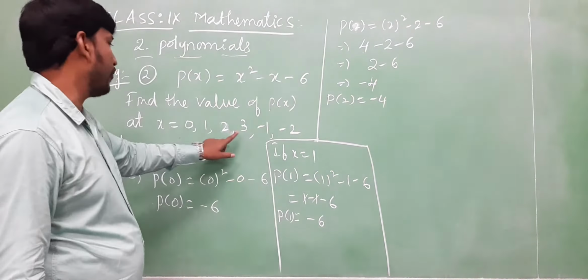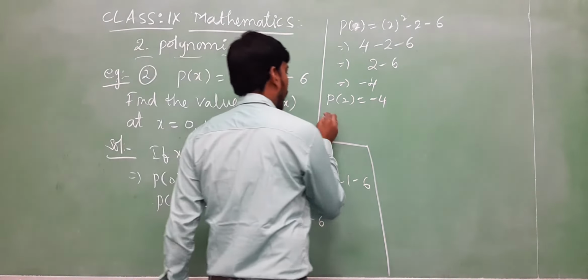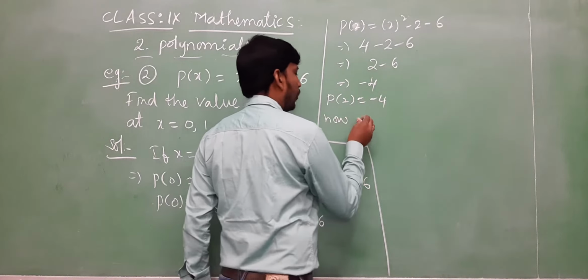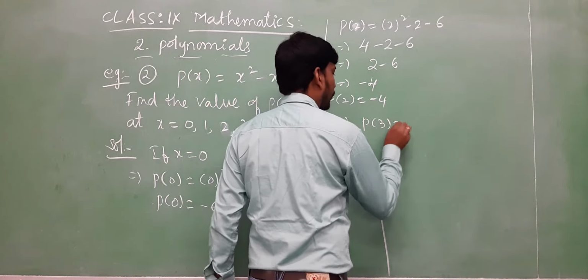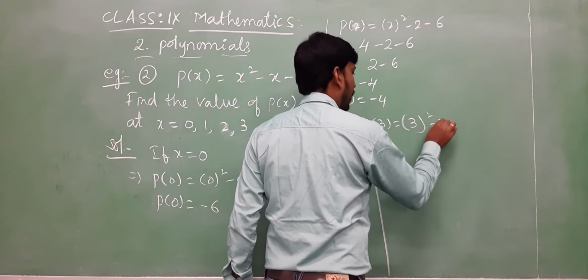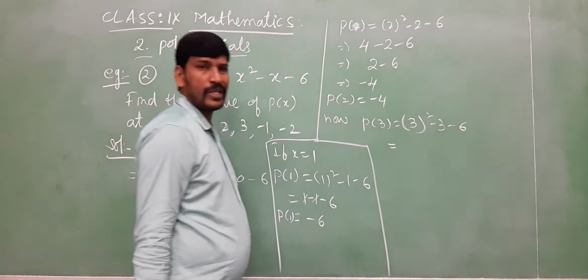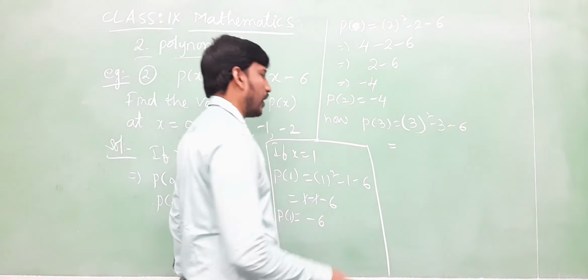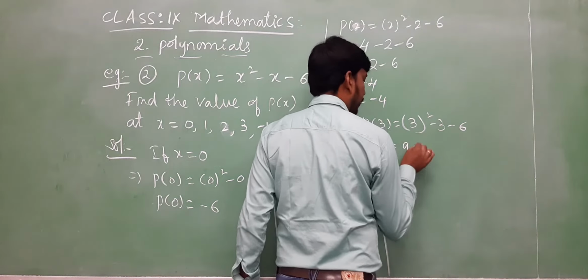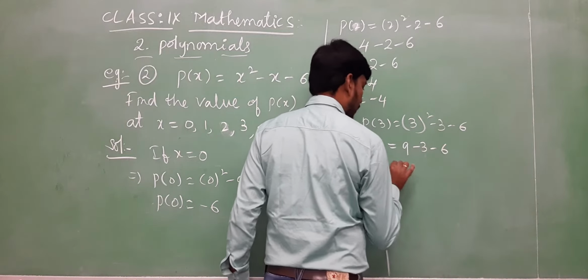The same way we are going to find out p(3) also. Okay. Now p(3) is equal to 3 squared minus 3 minus 6. Children, 3 squared, 3 into 3, 3 threes are 9, minus 3, minus 6.